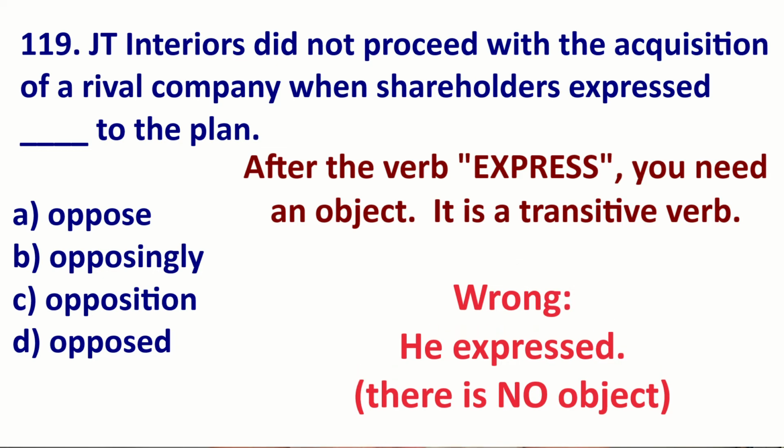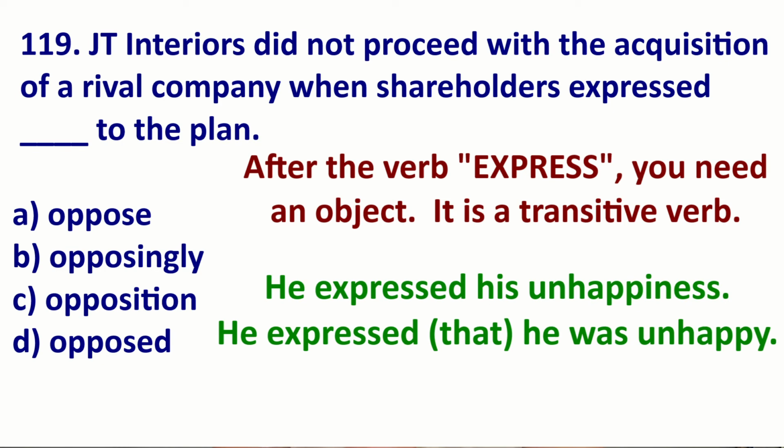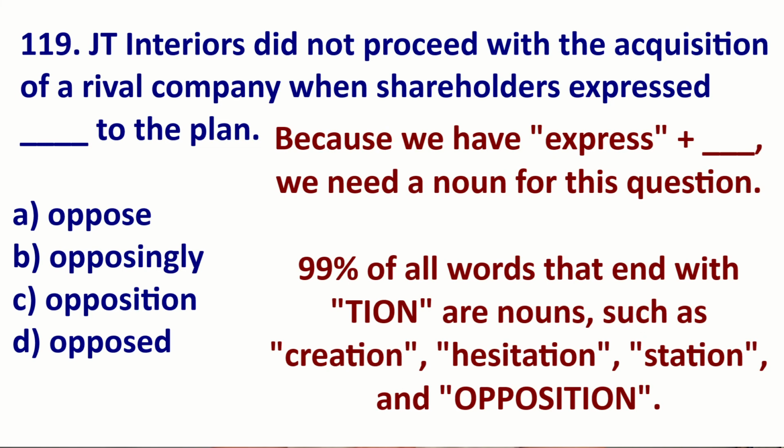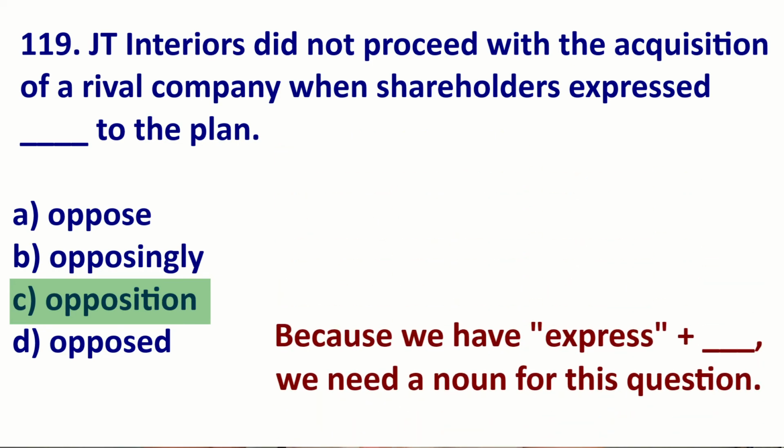So maybe an example is he expressed his unhappiness, or he expressed that he was unhappy. We need a noun here. Remember that words that end with shun are 99% nouns. For example, creation, hesitation, frustration, demonstration, and of course, opposition. That is the noun. We need a noun here, therefore the answer is C.